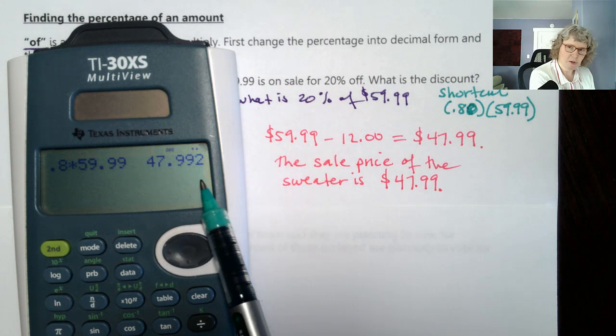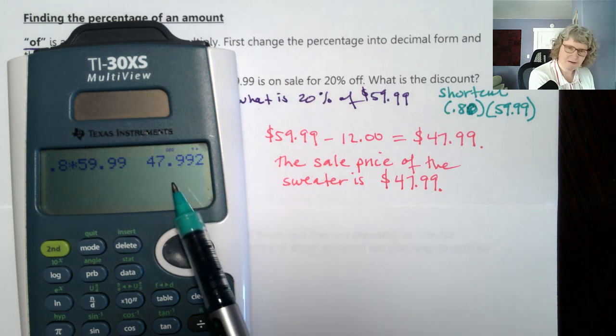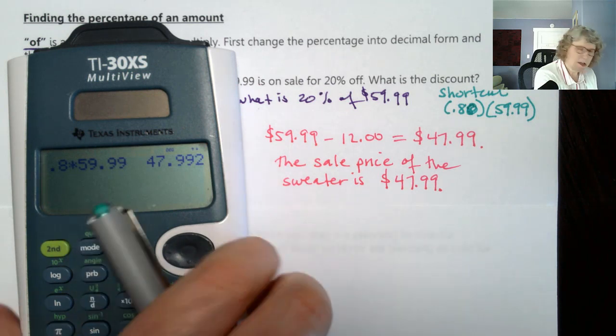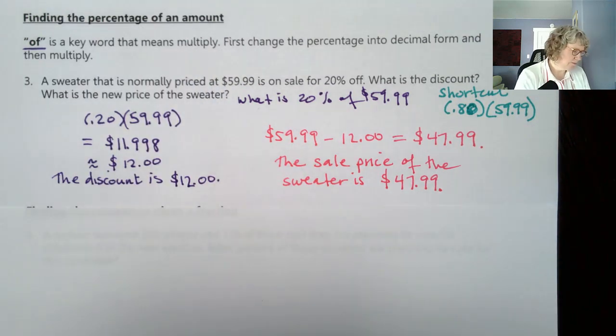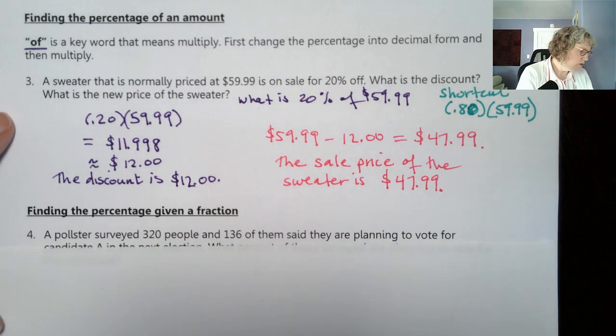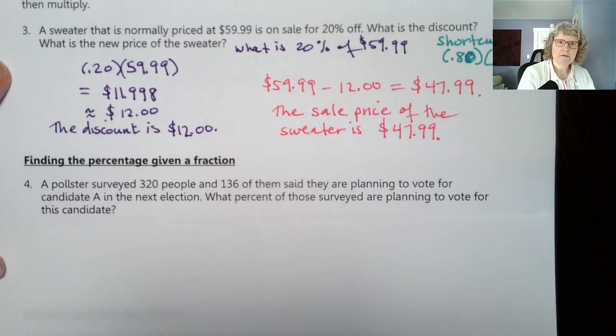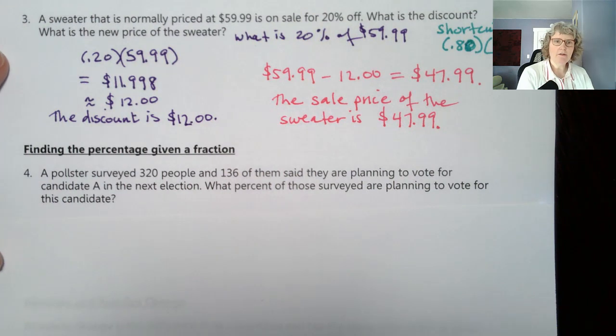Notice it's 992 because we rounded the discount, but when we round to pennies, it still comes out the same thing. So feel free to use that. And if it was an increase, let's say it was something that had a 20% increase, then we would add. So that'd be 1.2, okay, or 120%. Okay, so that's finding a percentage of a number.